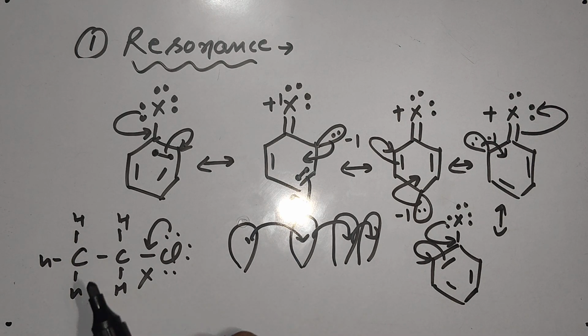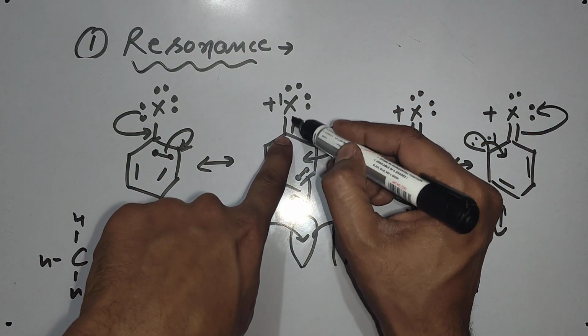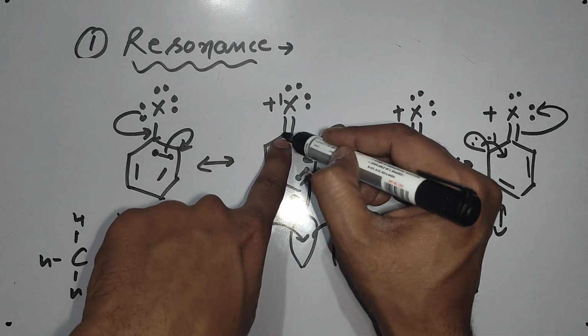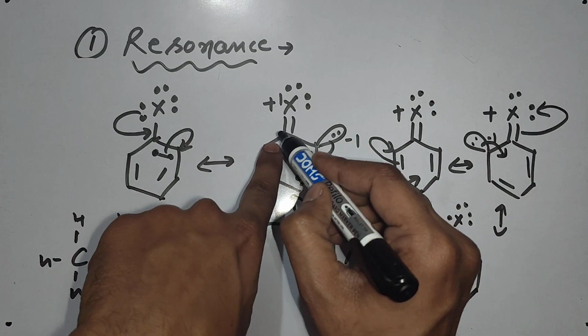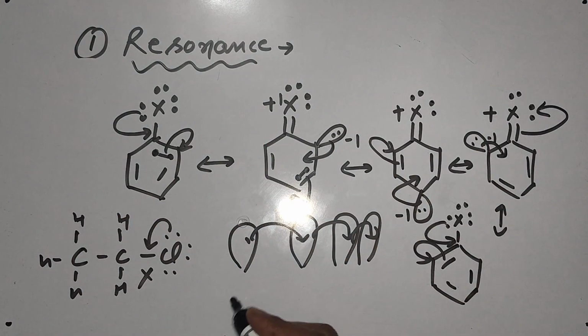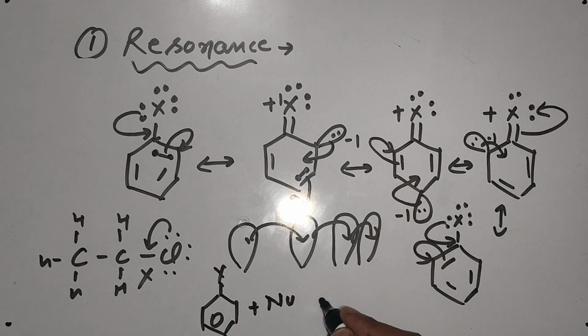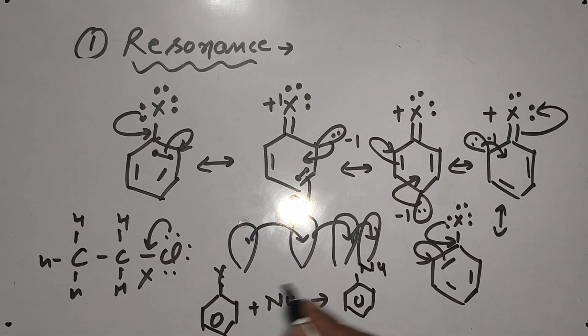Now check, due to resonance, what is the problem? Between X and carbon, there is a double bond. And we know in nucleophilic substitution reaction, we have to break this bond. Like if I am going to show nucleophilic substitution reaction, obviously first we need to break this X and carbon bond.